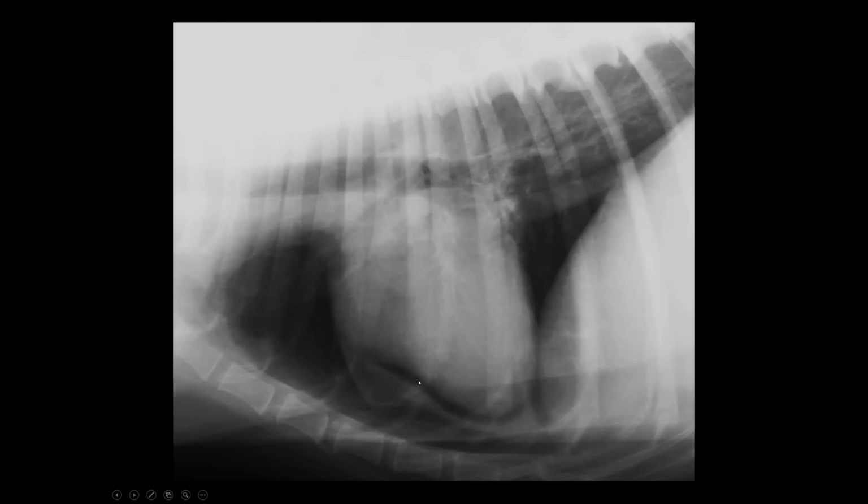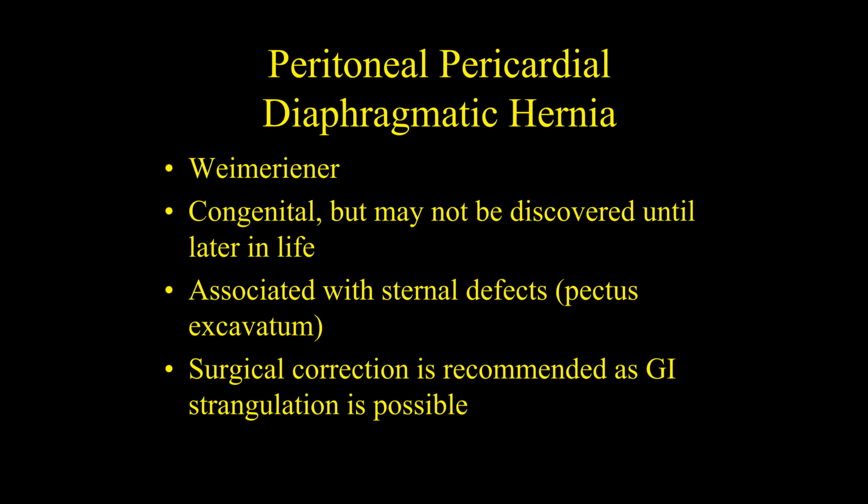Here's a heart, and you can see a little bit of air surrounding the apex of the heart, right down in here, in the pericardial space. It usually doesn't mean anything, except the dog may have had trauma. It will usually go away within a few minutes. And again, if you see it, it goes away, so don't worry about it.